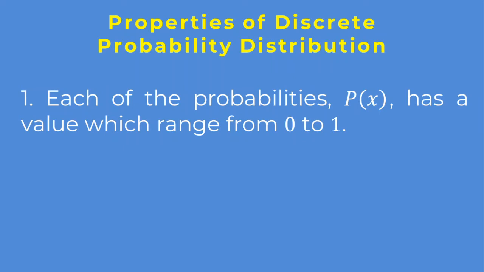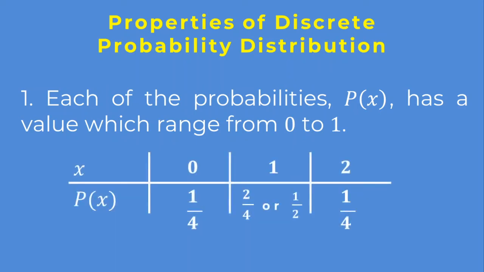Now, we have the properties of discrete probability distribution. Ang first property niya is each of the probabilities or P of X has a value which range from 0 to 1. For example, itong given na probability distribution, kung makita natin yung probabilities niya ay nasa range lang from 0 to 1. So, walang values na nag-negative at walang values na naghigit sa 1.